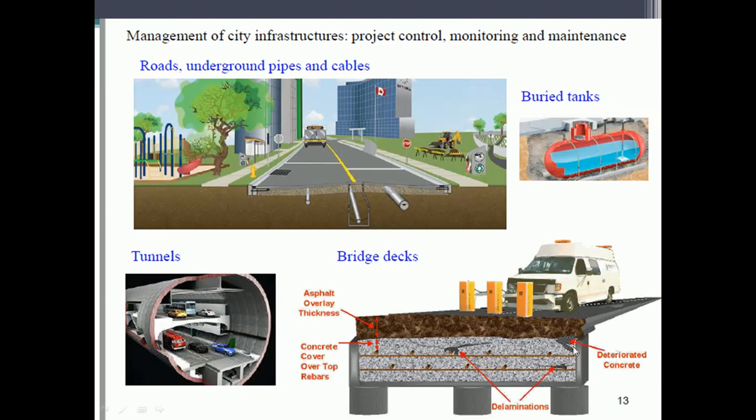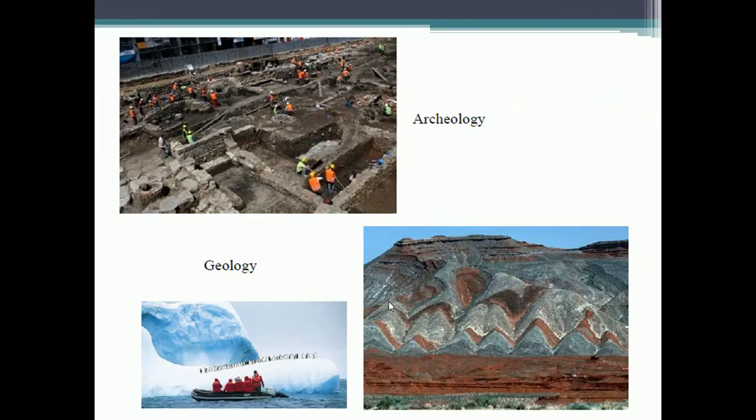And deteriorated concrete, where there are fractures and where the concrete is deteriorated. That entire data we can collect using this GPR method. For management of city infrastructure, project control, and monitoring and maintenance of the entire thing, the GPR method is one of the best methods. We can also use it for ecological and geological features of the bedrock and the soil.